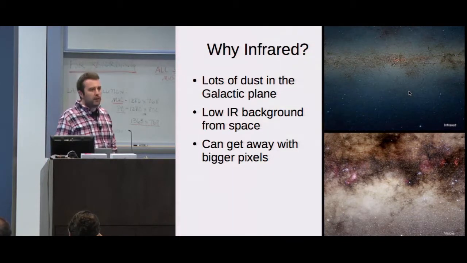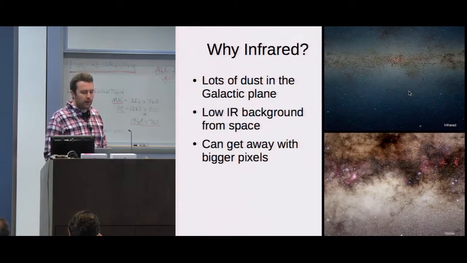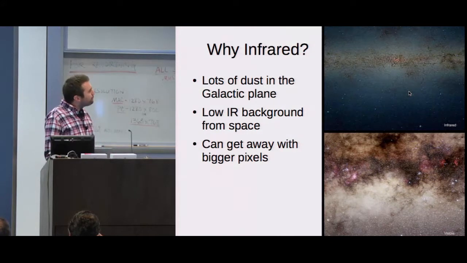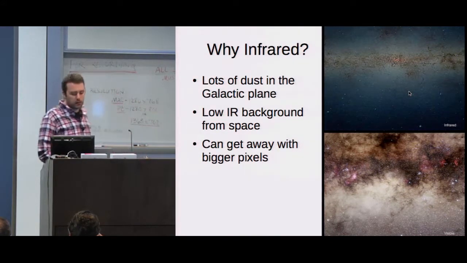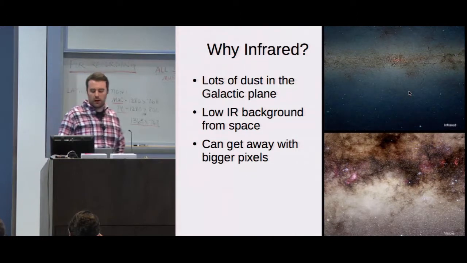And you can also get away with bigger pixels because your PSF full width half max is larger than for the equivalent mirror diameter. So that means you can cover a larger area in a given shot, and that turns out to be a good thing for microlensing. It might not necessarily trade off quite as well for other programs.